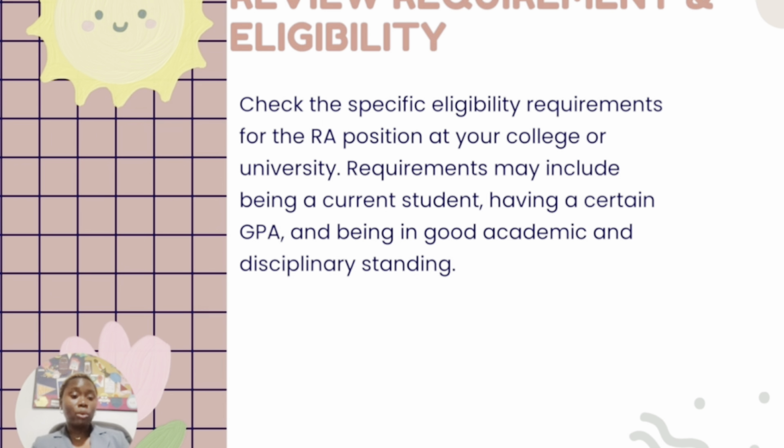Some schools will require you to be a current student, to have a certain GPA. I know in most schools it is a GPA of 2.5 on a scale of 4.0. Some schools it is 3.0, but I know the majority of schools is a GPA of 2.5 on a scale of 4.0. And also disciplinary standing, you should not have a lot of conduct cases.